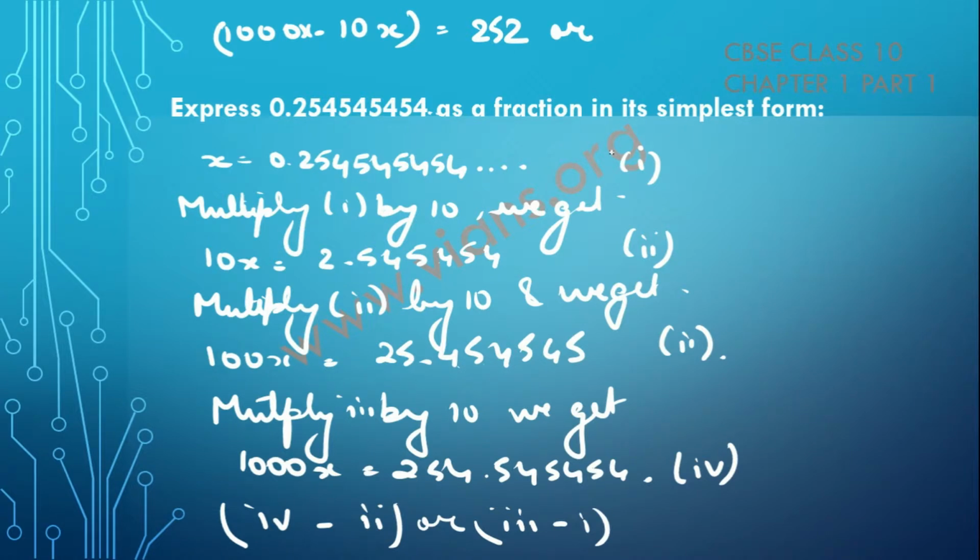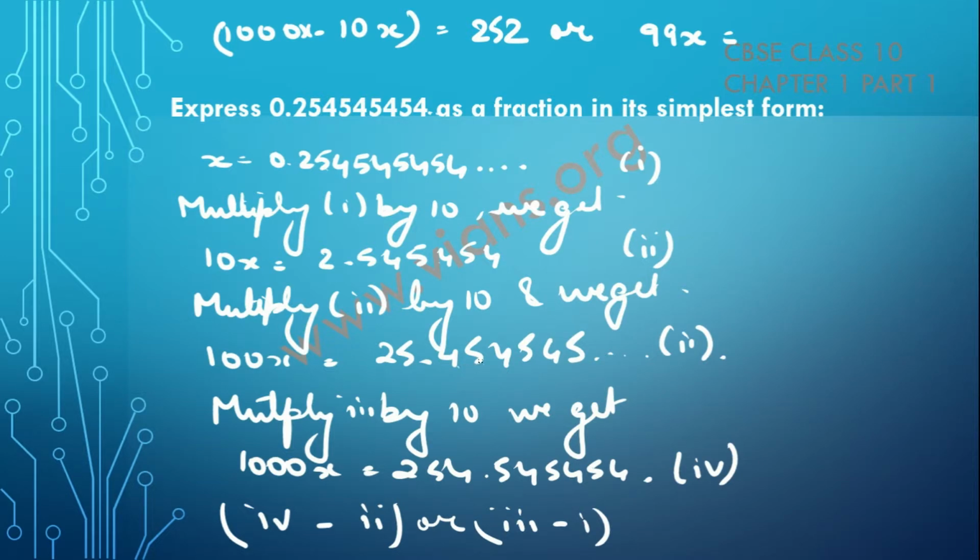Or you would also get, if you did 3 minus 1, 100x minus x, that's 99x is equal to 25.4 minus 0.2545454, so 25.454 on and on and on. From here everything will subtract. From here everything will fall in line. See, this 5 and 5 matches, this 4 and 4 matches, this 5 and 5 matches.